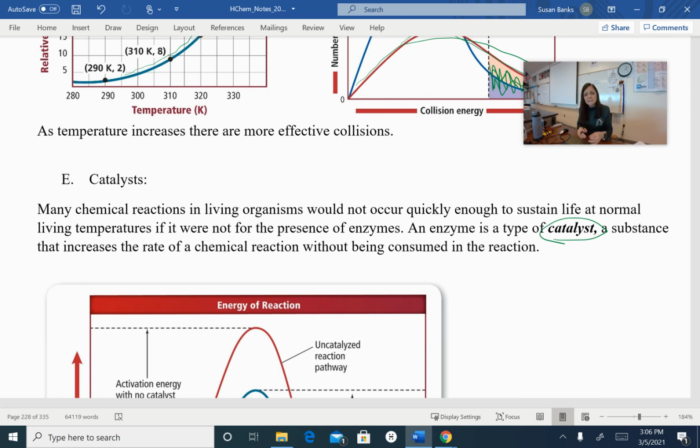Okay? A catalyst is just a substance that does not get used up in a reaction, but it helps that intermediary step, that activated complex, happen at a lower energy. It increases the rate of chemical reaction without being consumed.